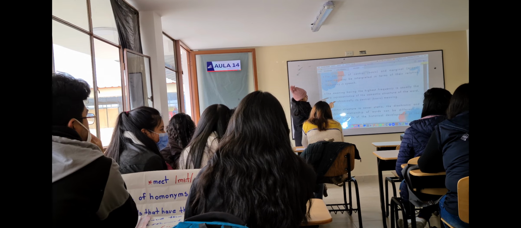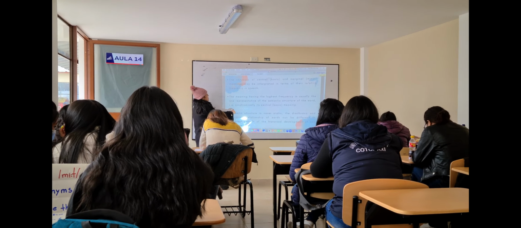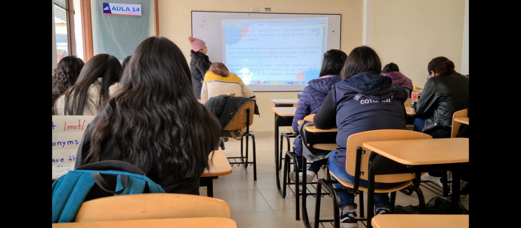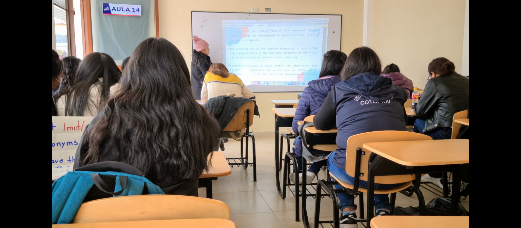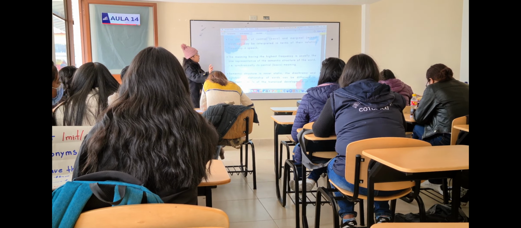Synchronically, it is the central basic meaning. For example, from the synchronic point of view, we have the word bank in the same case. It is the central meaning, institutional or economic.